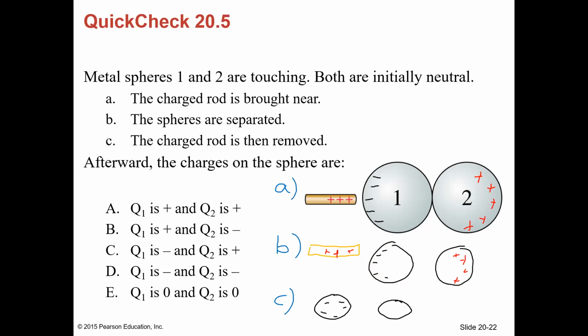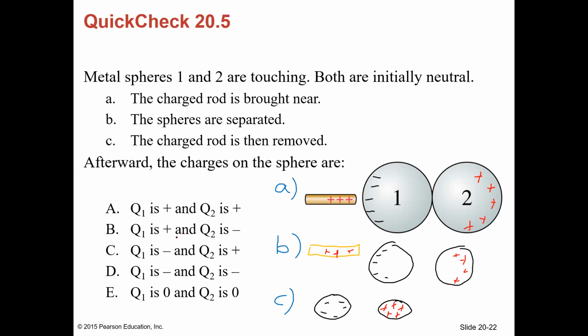And same thing with this positive charge. You take out the rod, there's nothing repelling it anymore. And so now these positive charges will distribute themselves evenly inside that sphere. So sphere 1 became negative, sphere 2 became positive.